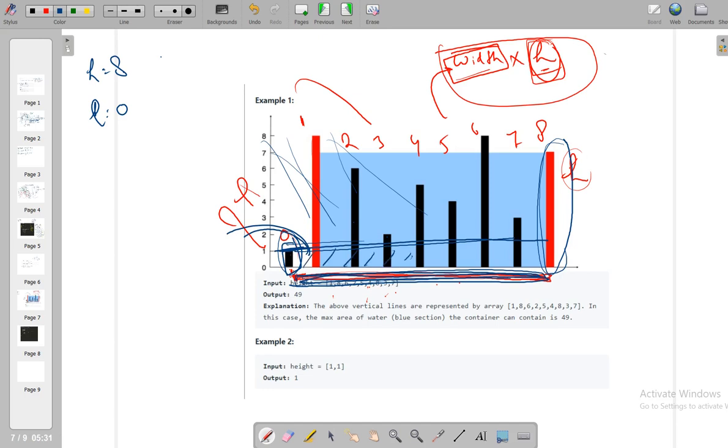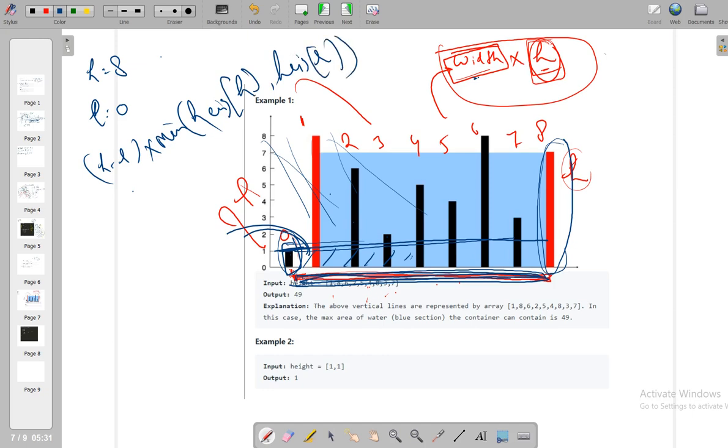So how will you calculate the area at a certain level? h minus L is your width, multiplied by the minimum of the two heights. This is the height array: minimum of height of h comma height of L. This is how you have to do it first of all.